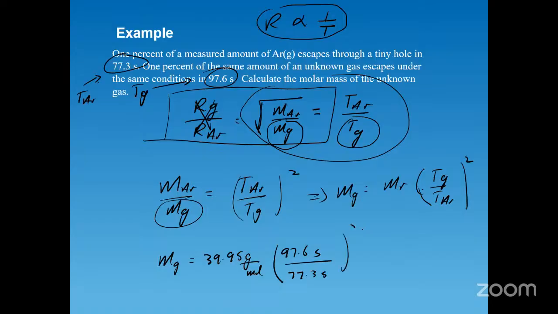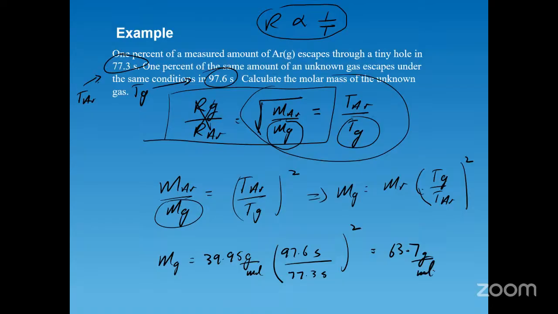And we square all of that. So let's see what that gives. 39.95 times, hold on, let me do the parentheses first, 97.6 divided by 77.3. Square that, and then multiply by 39.95. According to my calculation, this works out to be 63.66, so 63.7 grams per mole.